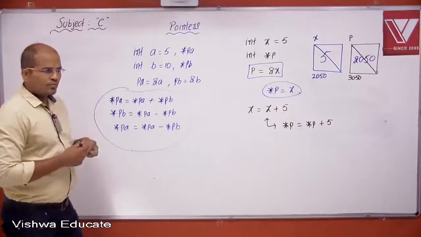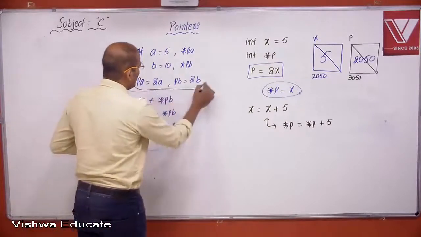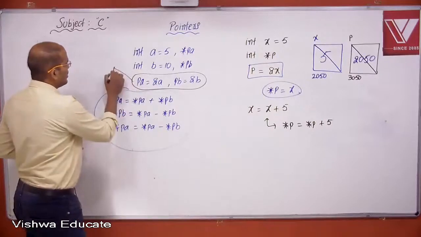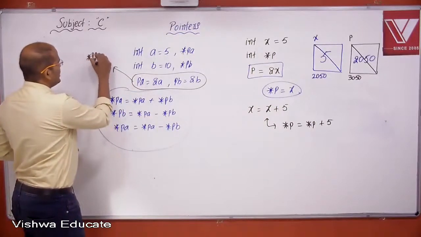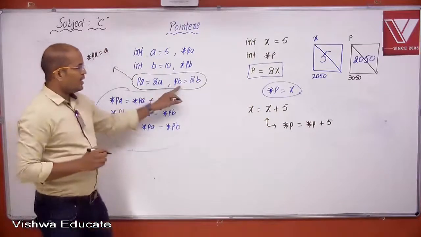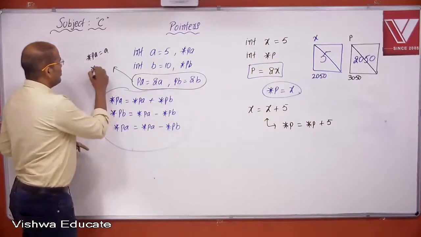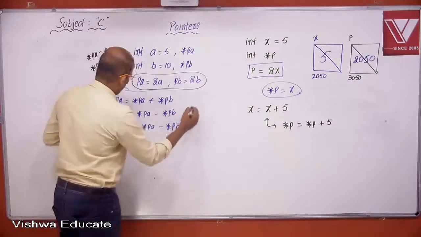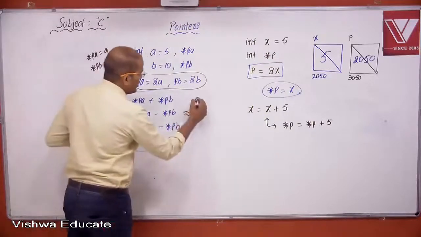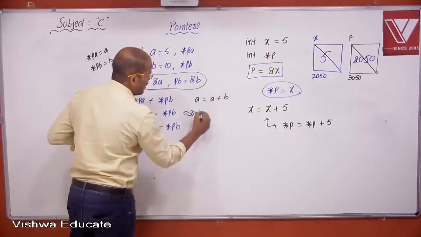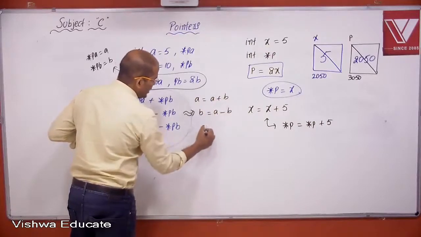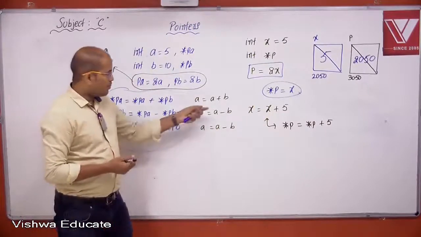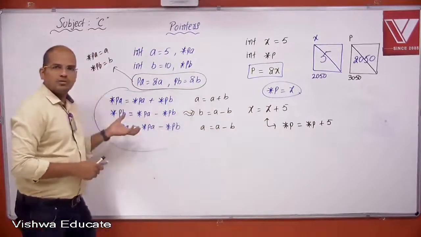Now, in the given problem, you observe that pa is address of a and pb is address of b. If pa is address of a, then it means that value at pa is same as a, and if pb is address of b, it means that value at pb, or pointer pb, is same as b. So now can I replace this code with pa is a, right? So it becomes a is equal to a plus b, b is equal to a minus b, a is equal to a minus b, which is a better problem solving aspect with respect to pointers.